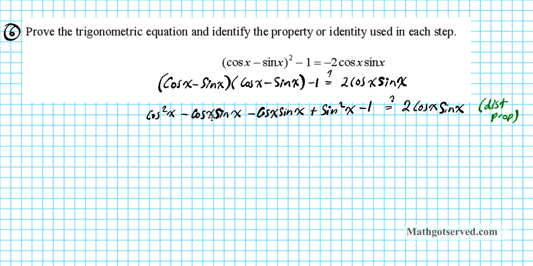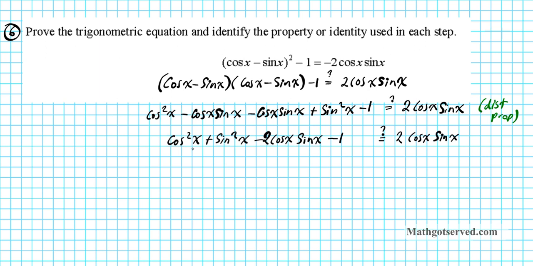Okay, now let's simplify. The middle terms cancel out, so we're going to have cosine square x plus sine square x. Actually, they don't cancel out. We can actually combine them, right? If I combine these two, it becomes negative 2 cosine x sine x minus 1. Is it equal to 2 cosine x sine x?